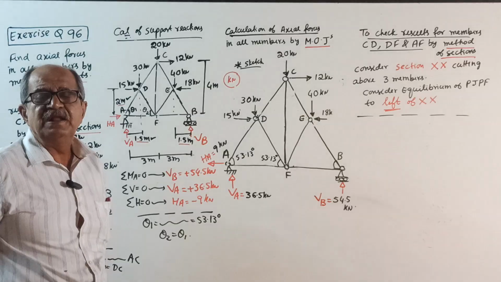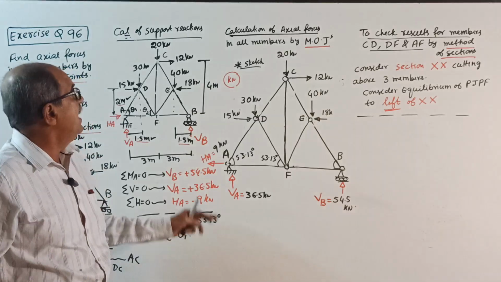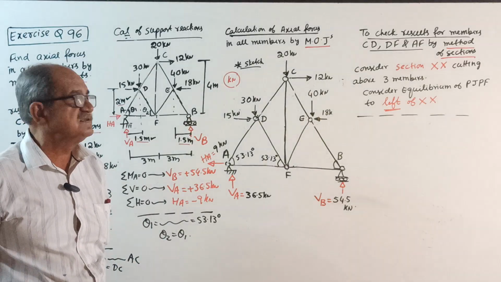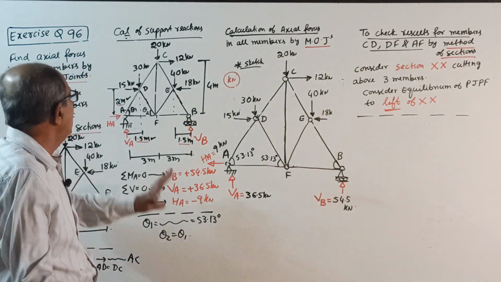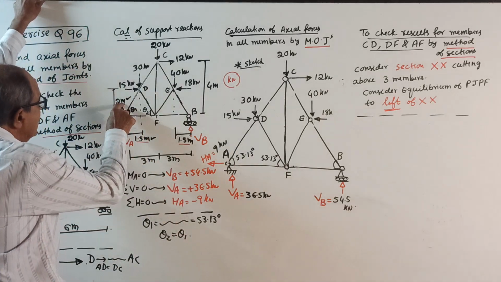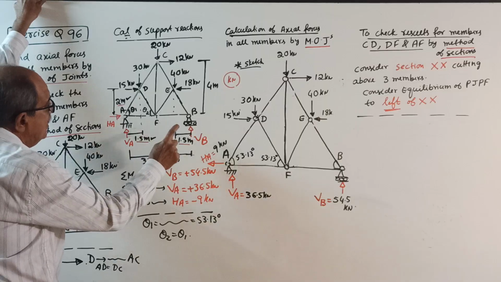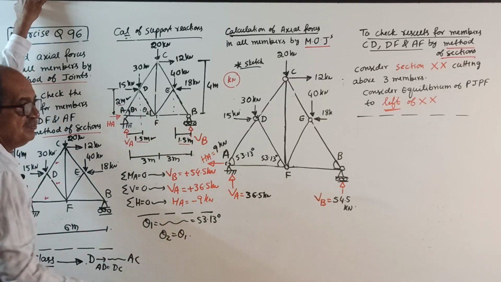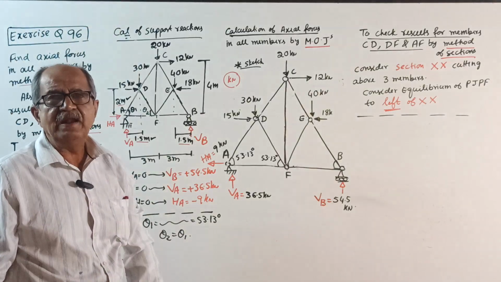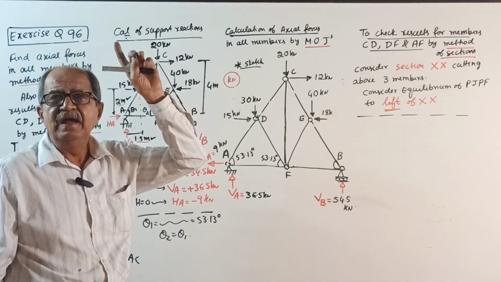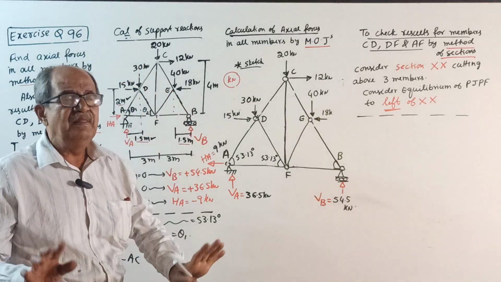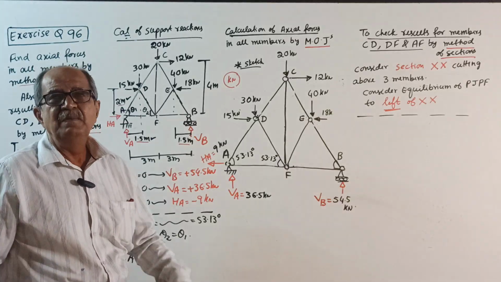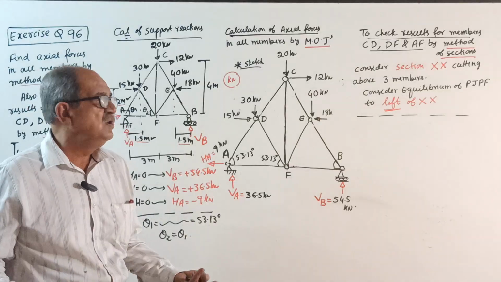The same question was solved earlier where on the full board I wrote all required trigonometric calculations. So I need not tell how I got this 2 meter, how I got 1.5, how I got this theta 1 and theta 2. Actually not required. You can go back earlier and study.